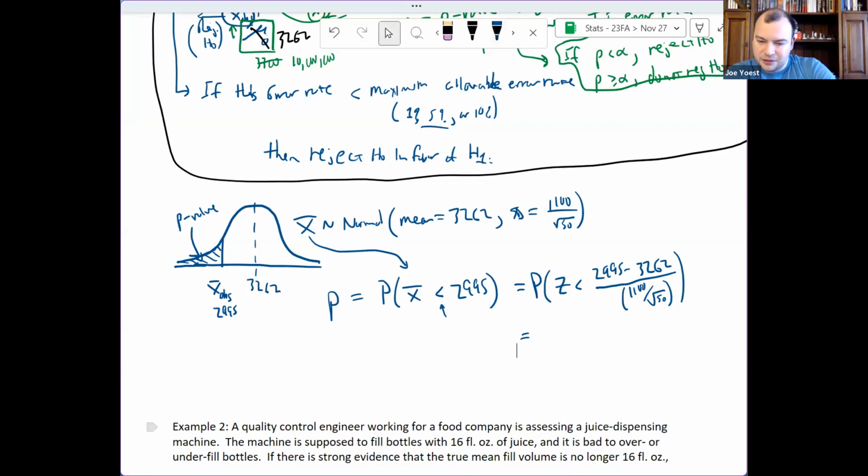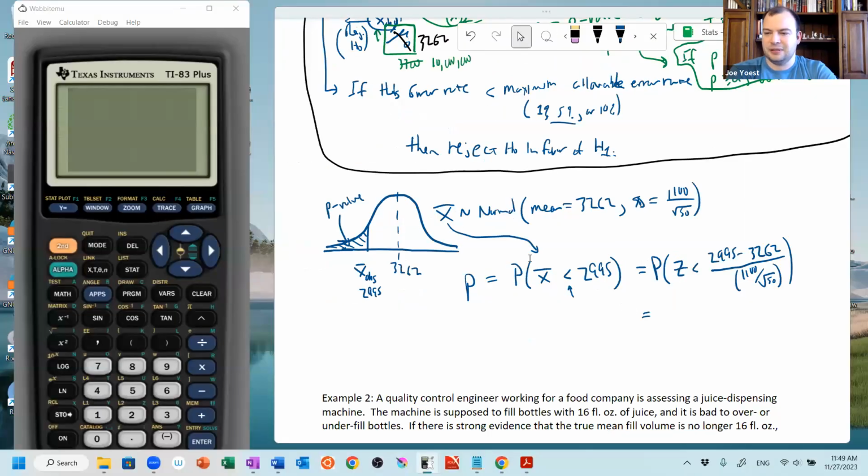And let me switch my share now. Switch my share to full screen. So here my numerator is 2995 minus 3262. That's going to be divided by 1100.